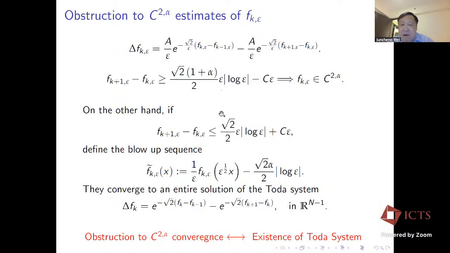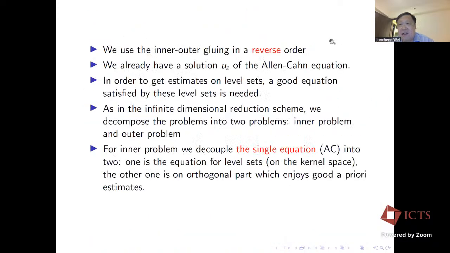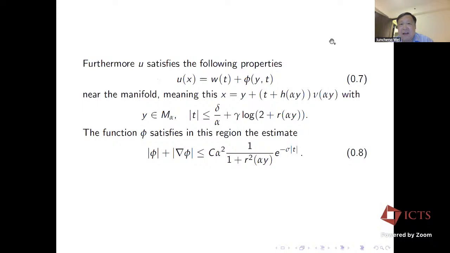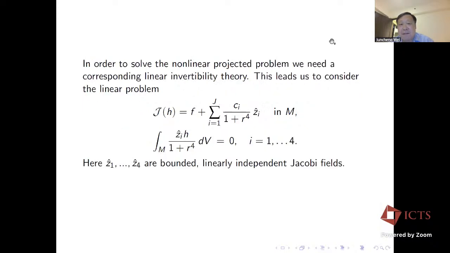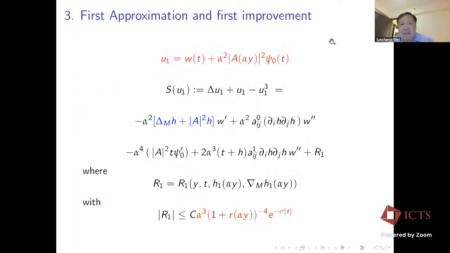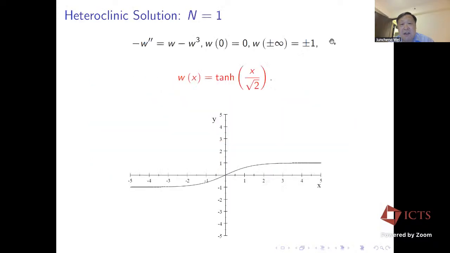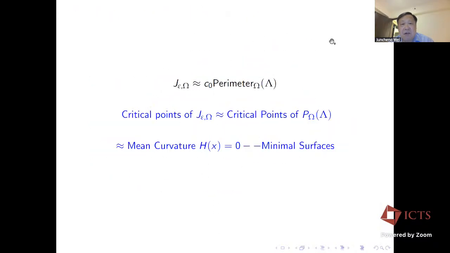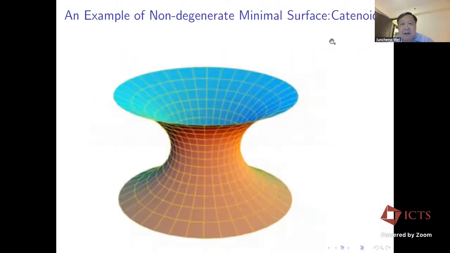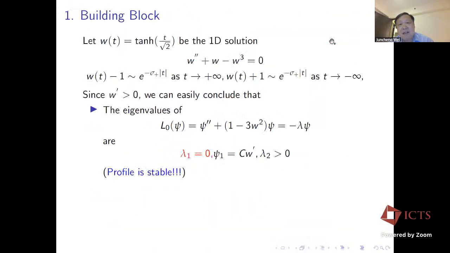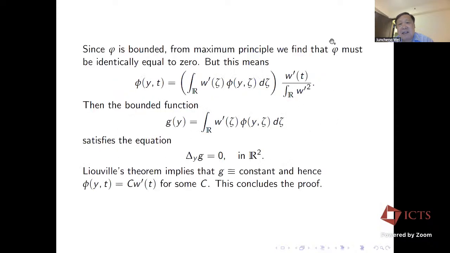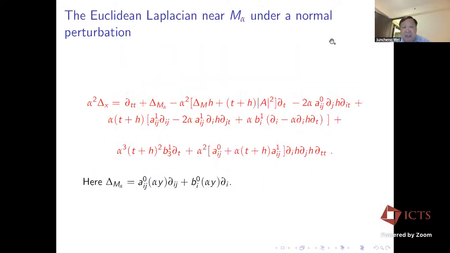Yeah, the Fermi coordinates are very important, because we're used to the Euclidean setting, right? But now our underlying object is a minimal surface. So we need to establish a coordinate near the minimal surface, and in that coordinate we have to single out the distance function, which is t.